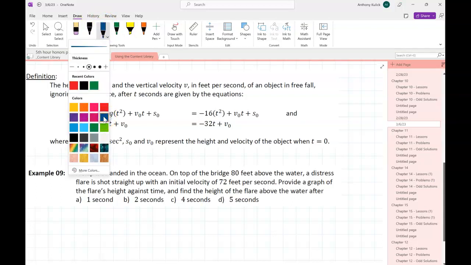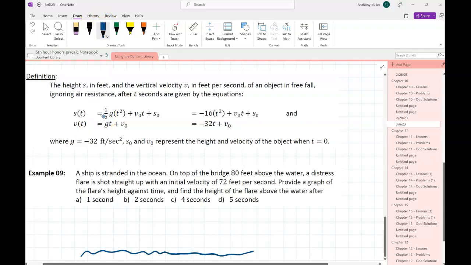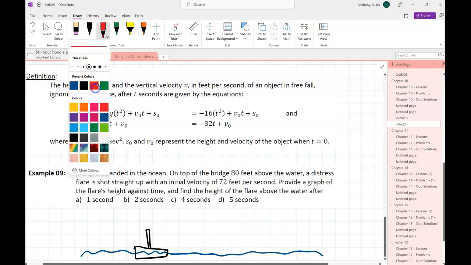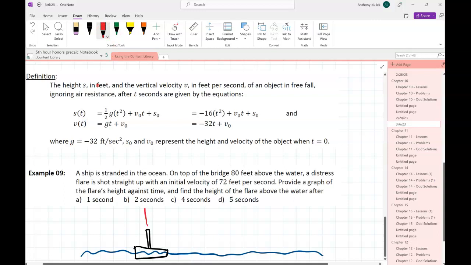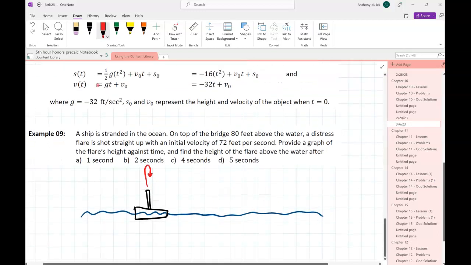Okay, so we'll just draw a little picture here. There's some water. There's my boat. And we're shooting the flare up, just coming up and then coming down, right? So we are interested in height against time, so writing an s of t function.